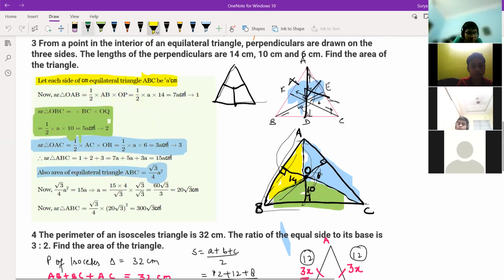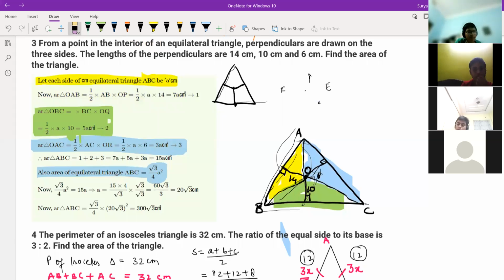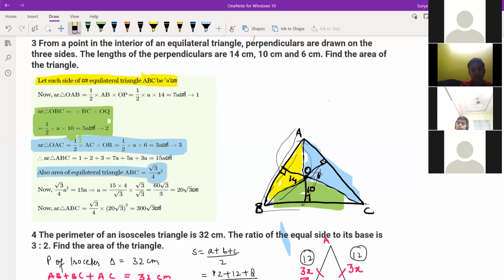No, sir, no doubts. Now, Satvik, it's clear to you how to do this? Yes, sir. So this was the main question we should understand. The question was wrong, that's why we can't do that. The perpendiculars are given from a point inside the triangle, right?